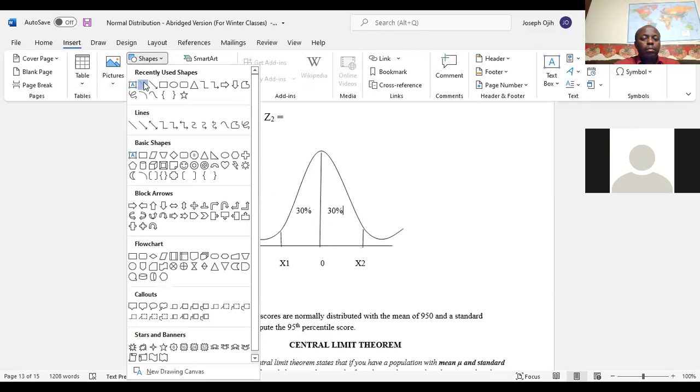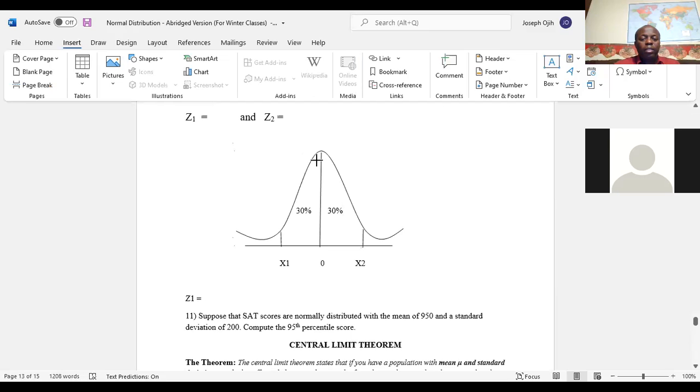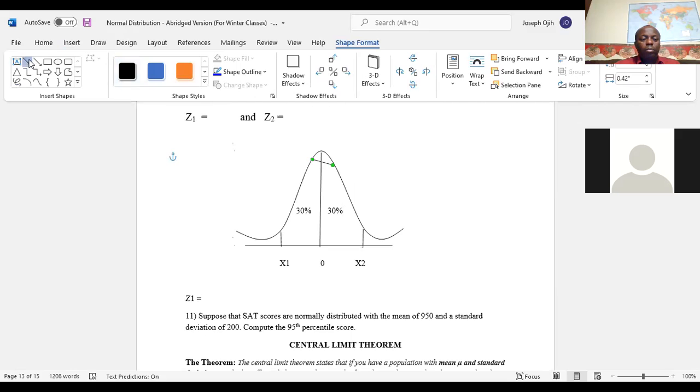Okay. So now, it's already added to get 60% because they made it 60. So you don't need to start subtracting or adding anything because it's already done for you. So you go direct to the table and get your answers. So this is 30% and 30%, which is 0.3 on both sides.